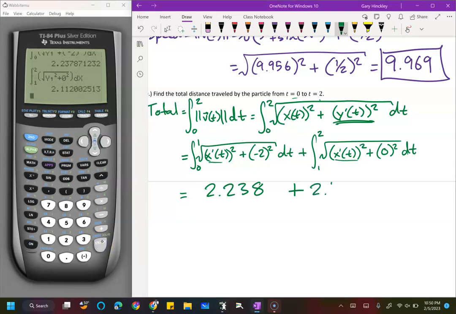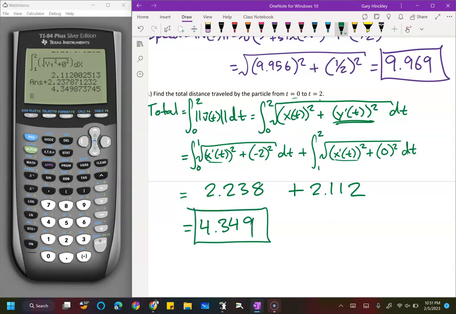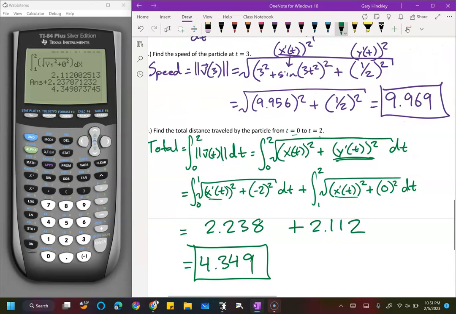So that is 2.112. I'm going to add that to that value there and get our total distance from 0 to 2 as 4.349, truncating that.